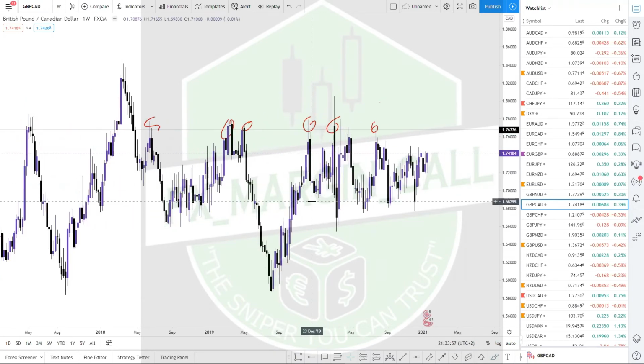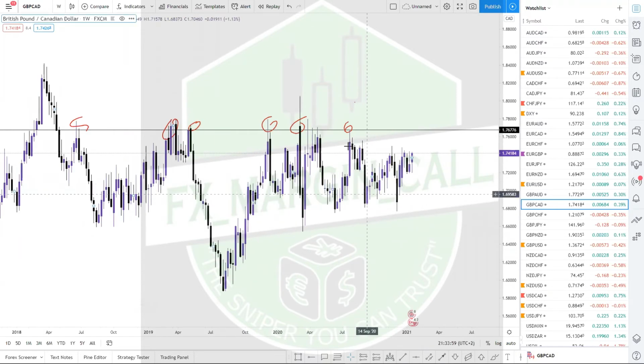By retesting this level multiple times, isn't it the case that traders are now faced with an illusion that the market is going to decline in price because it has been rejecting a specific price level? It has been rejecting 1.76, right? Multiple times. Now you feel confident to take short positions.